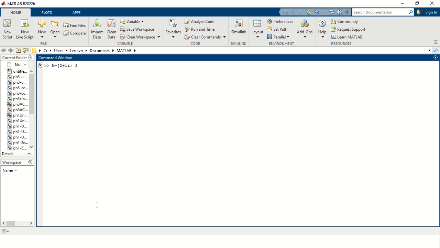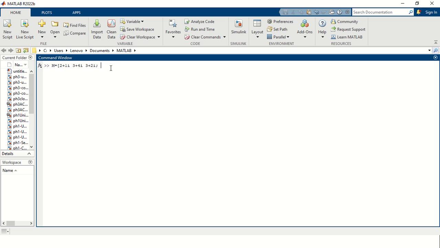And 3 plus 4i, it's your wish, I am just taking it for the example. And 3 plus 2i. If you give this quotation, it will take a single element as single. So this is the first row of three elements, I am going to write a 3 by 3 matrix.